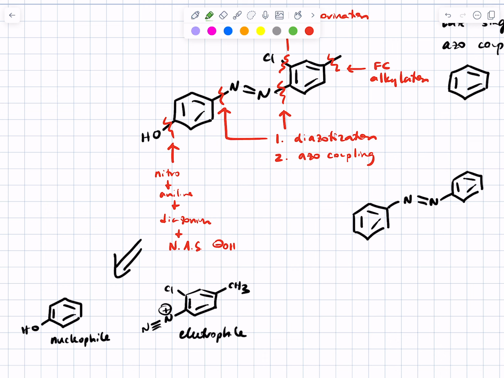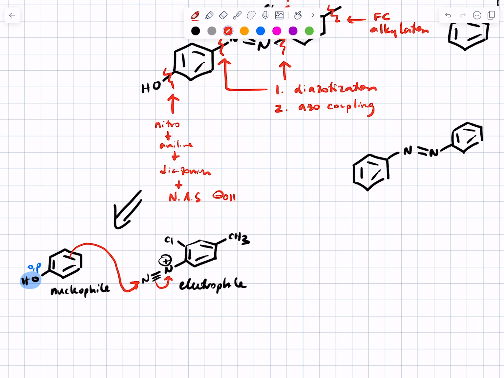And here we have an OH group that is an ortho para-director. So it seems reasonable that when we do the azo coupling reaction, the new carbon-nitrogen bond should happen with the para-carbon. Let's just briefly look at the other alternative.